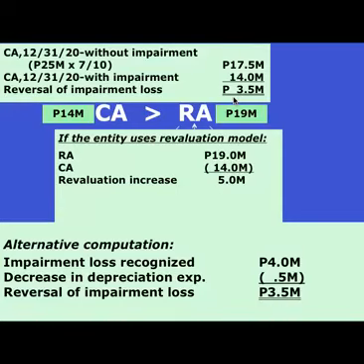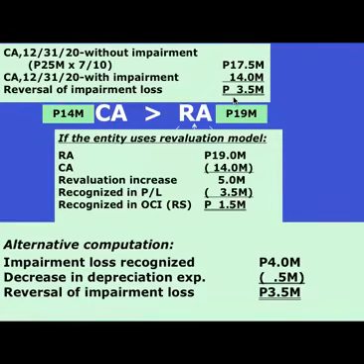Okay, OCI. Other comprehensive income as revaluation surplus unless the asset is previously impaired. So in this case, dahil previously impaired yung asset, to the extent of the reversal, which is 3.5 million, profit or loss yan. Okay? Yung sobra sa 3.5, yun na yung revaluation. Okay? In OCI. So again, in case the company uses revaluation model.